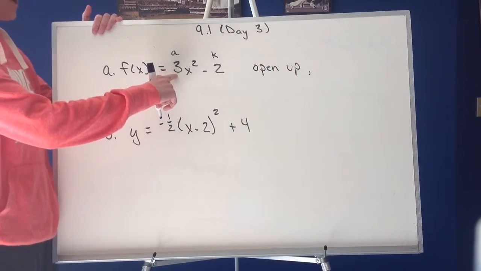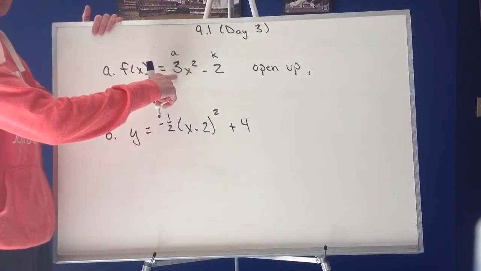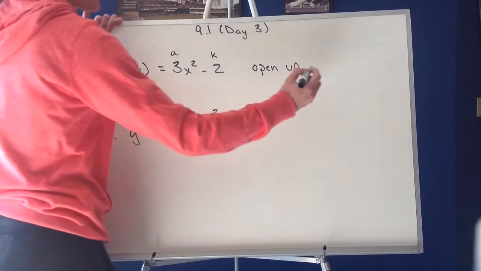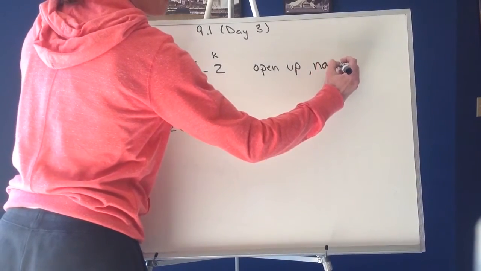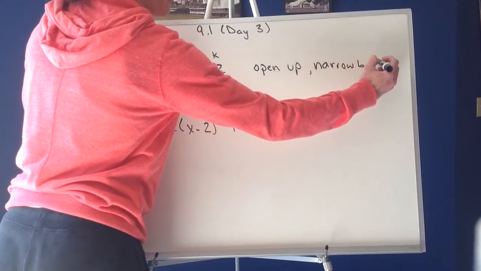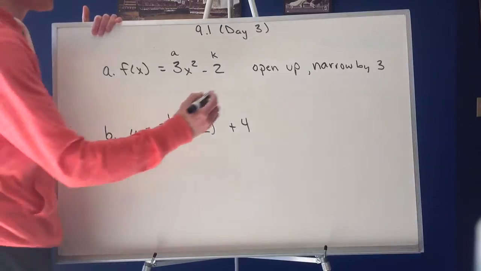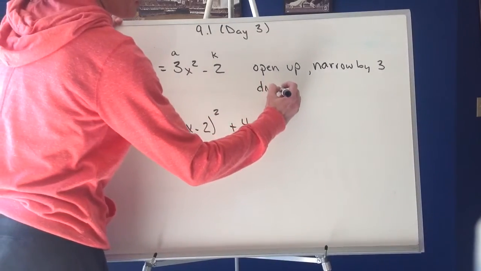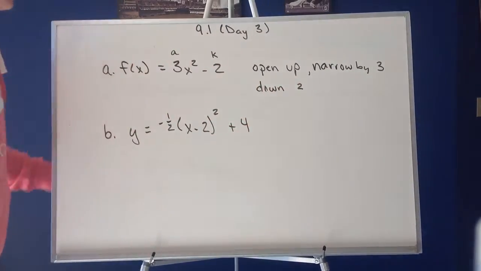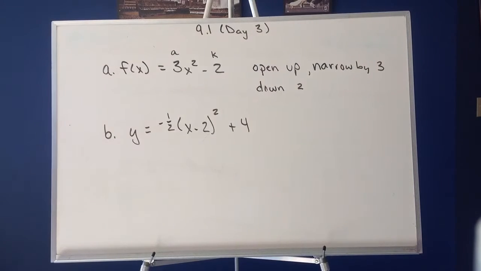Because the absolute value of 3 is 3, which is greater than 1, that tells me it's going to be narrow. And because the K is a negative 2, that tells me that it's going to be shifted down 2. Okay, so that would be the three transformations that that one would have.